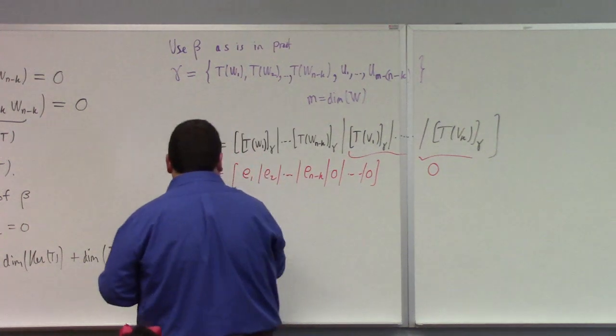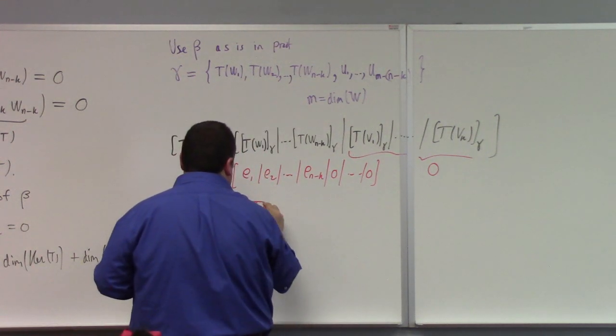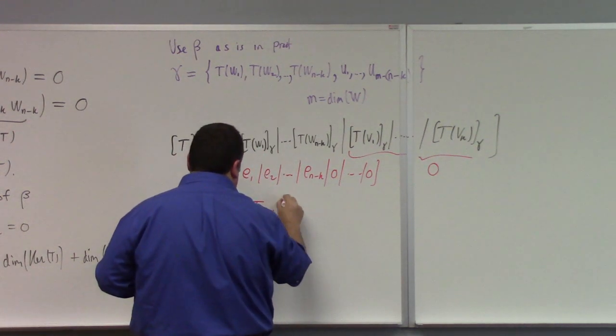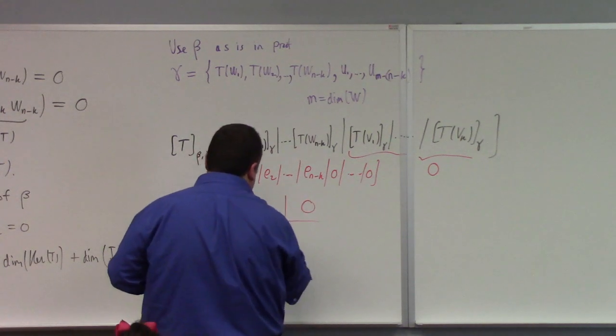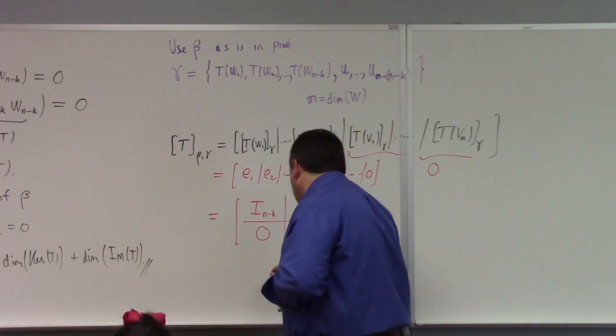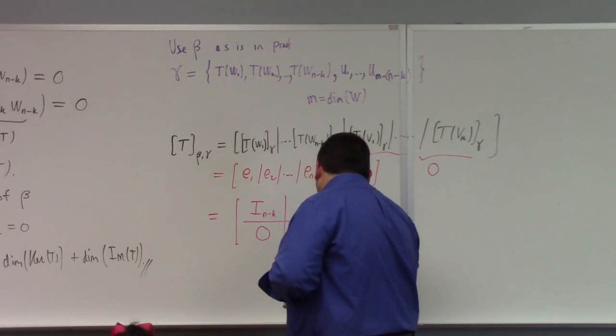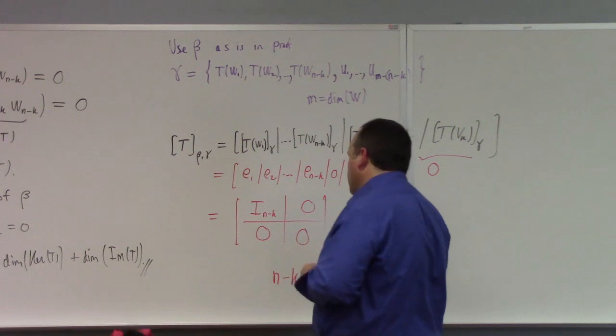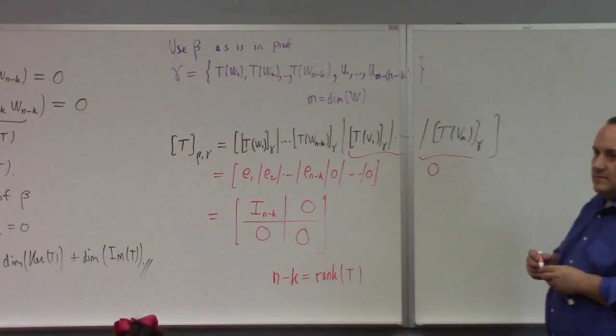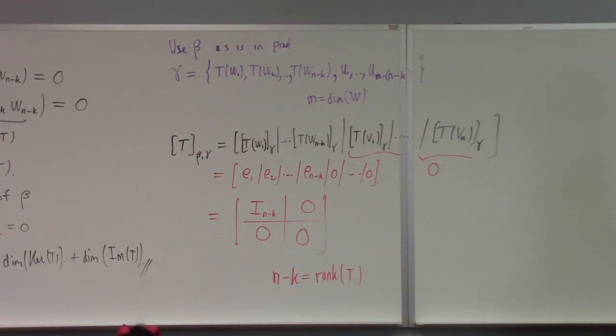If we rewrite this, what we've got is the n by n minus k identity padded with zeros. And here n minus k is the rank of T. I usually call that P in the statement in the notes.